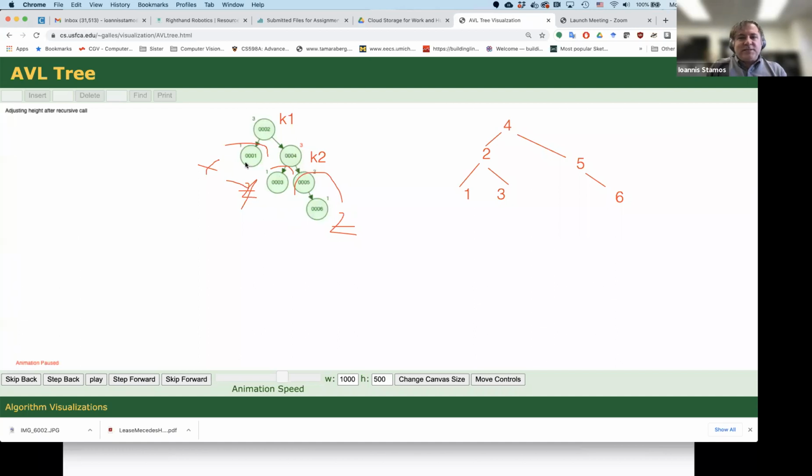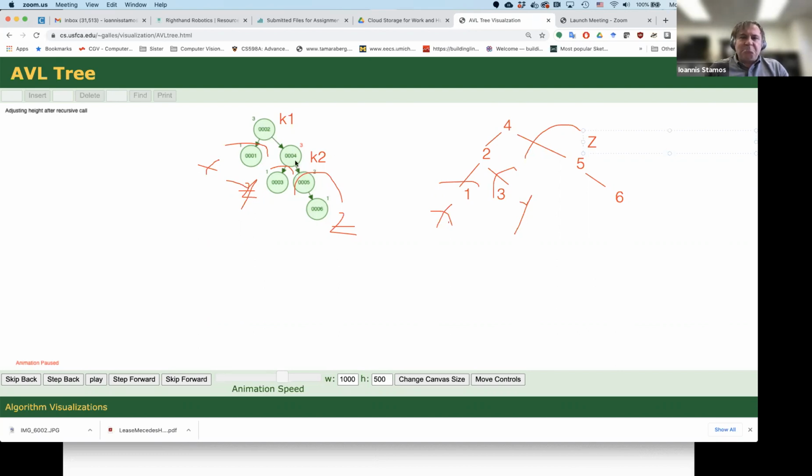And then you have 3 subtrees under them, the X, the Y, and the Z. This is the Y subtree, and that is the Z. The Z subtree doesn't have anything to the left. It's 5, 6.